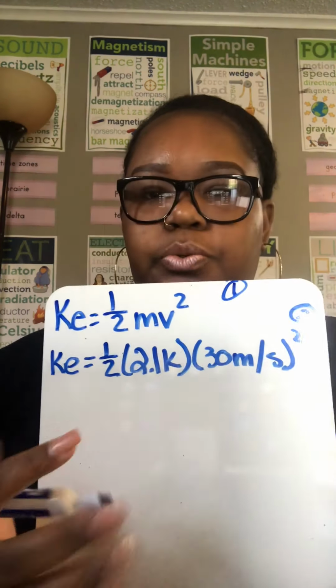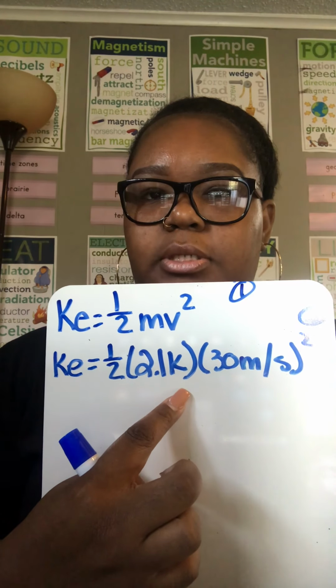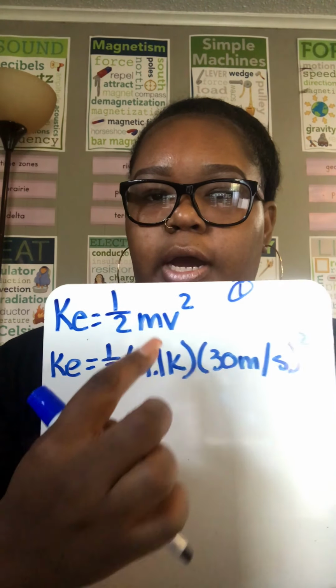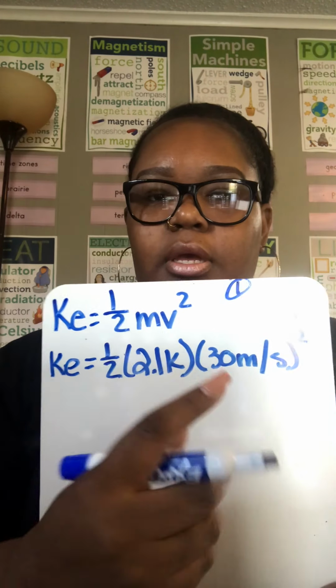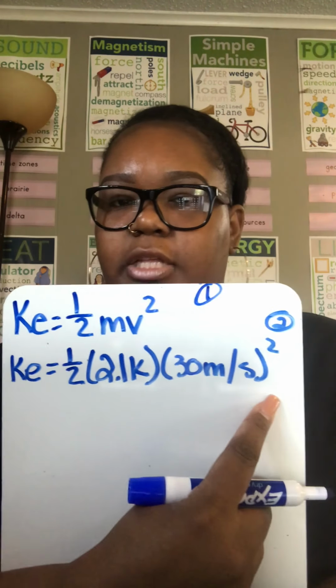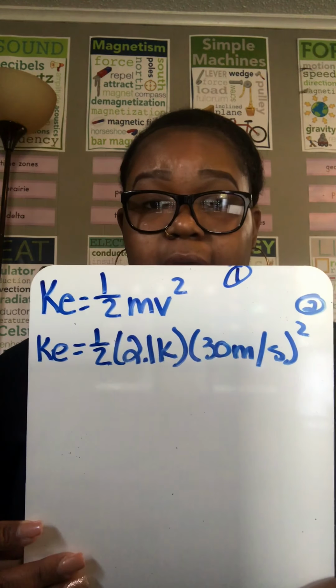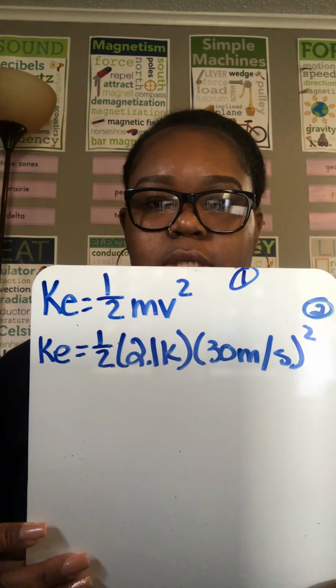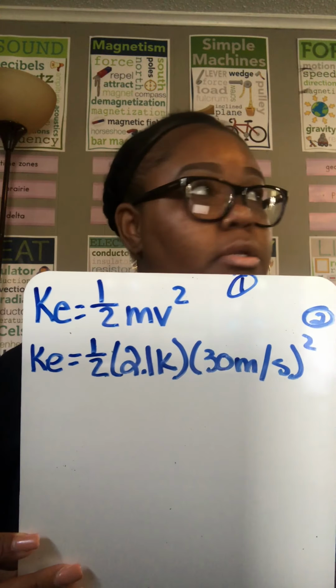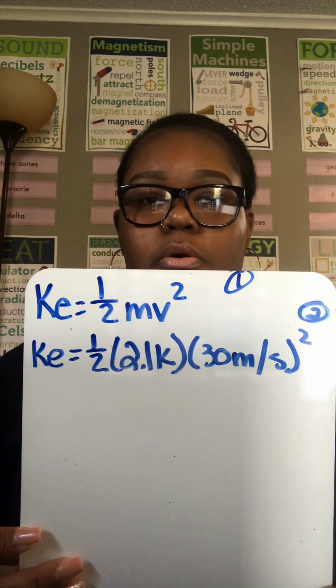I have substituted 2.1 kilograms for our mass and 30 meters per second for our speed, both of which the problem gave us. Let's move on to step number 3.